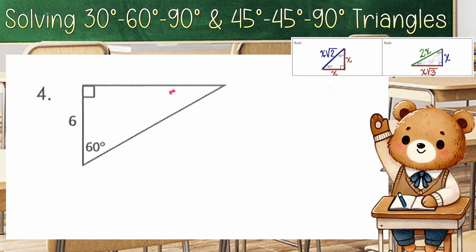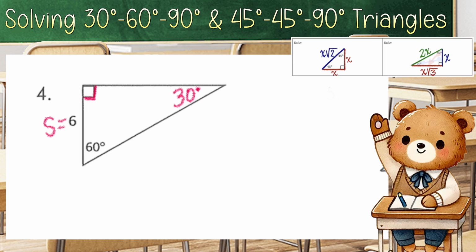We know that this angle needs to be 30 because the three angles add up to 180, 90 is the corner right over here, and the other two must share 90 in total. 60 subtracted from 90 left me with 30. Now this side is across from the 30. That will be the shortest leg, so I'm going to call that side S for short leg.